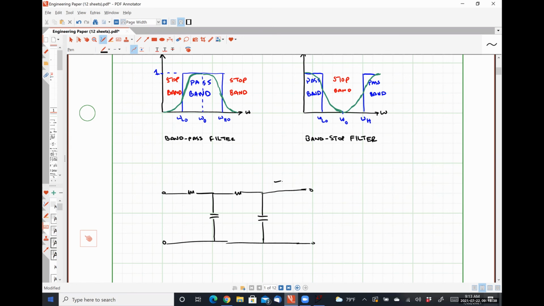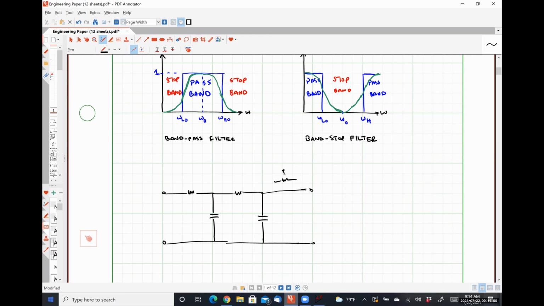I'm trying to remember if you would put another resistor here, but this would be a Chebyshev filter, where it's just that structure chained together. And that would be a low pass. And then if you flip the position of the resistors and capacitors, you get a Chebyshev high pass.